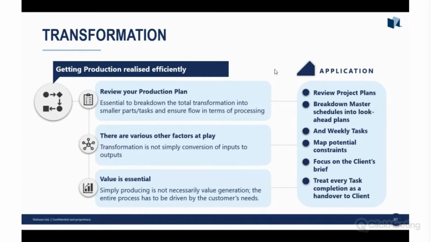And really importantly, treat every task as if it's a handover to a client. If I'm handing over a task to another package, I want to think of that next person in line as the customer, so I've given it the best possible effort and quality I can. Often in construction, things get handed over, and then something's not finished or it's not right, then it goes back, and we're wasting time and effort. If you imagined you were handing it over to the customer, that level of quality and effort will be so much higher.